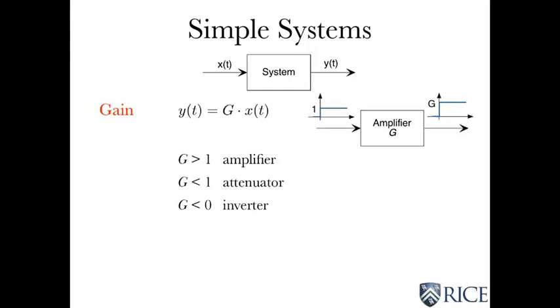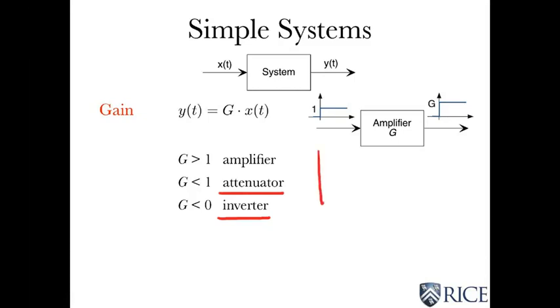There are cases in which g is less than 1, in which case it serves as an attenuator. It makes things smaller. And finally, a somewhat confusing terminology, if g is negative, it's called an inverter. So it does not mean take the reciprocal.